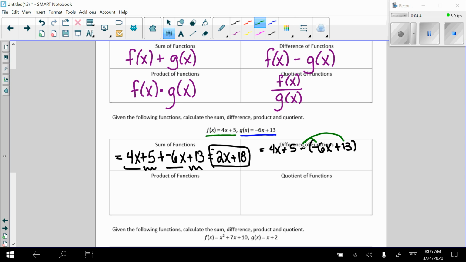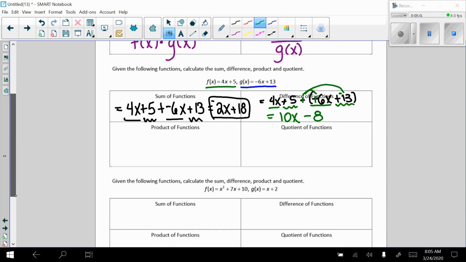So I'm going to turn this into plus a positive and make the 13 negative. Now we can combine our terms. So 4x plus 6x is 10x. 5 minus 13 is -8. And that is the difference of those two functions.